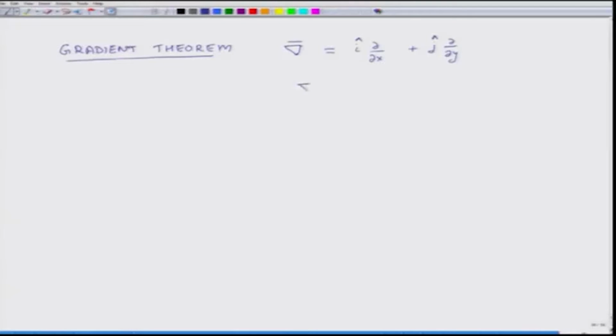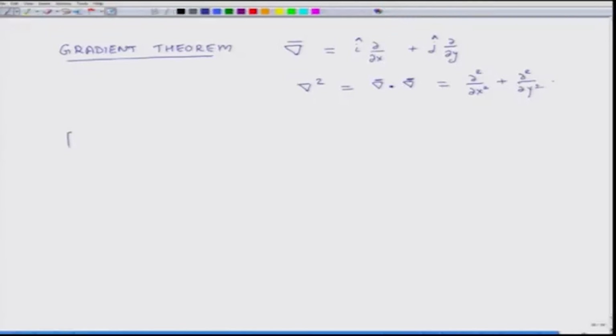If I have an operator like grad square, then this is basically the dot product or the inner product of two gradient operators, so this is a scalar operator. Now, first I will write the expression for the gradient theorem.